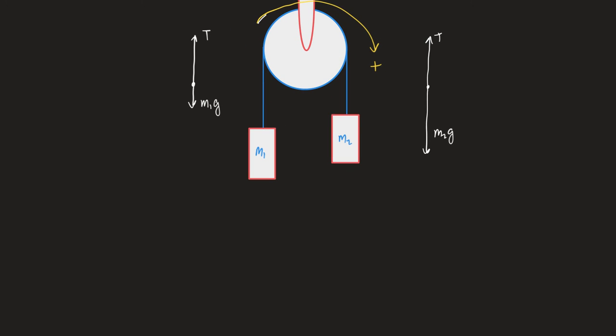Again, everything on the board behind me is still what we're doing. So T minus M1G equals M1A, and M2G minus T equals M2A. That okay? Any question about that? So again, substitution, but I would encourage you to consider just stacking them and adding them.